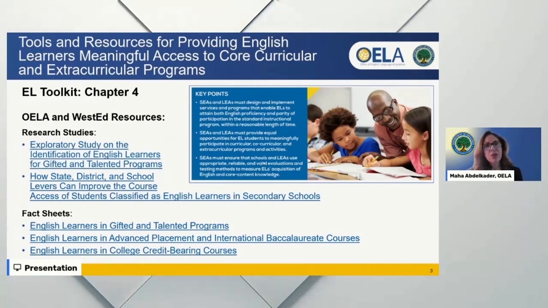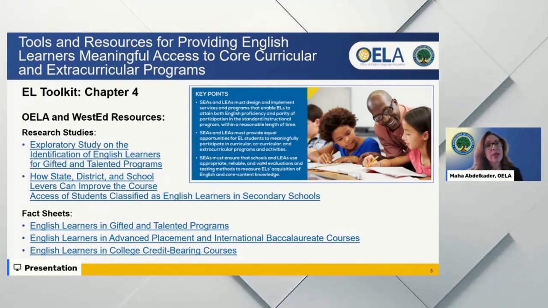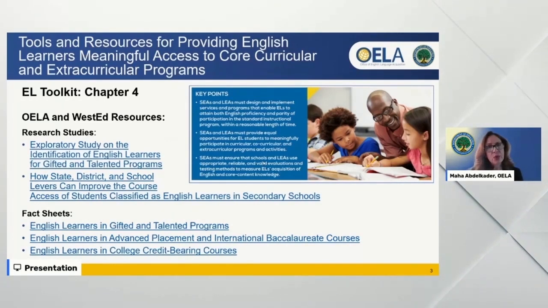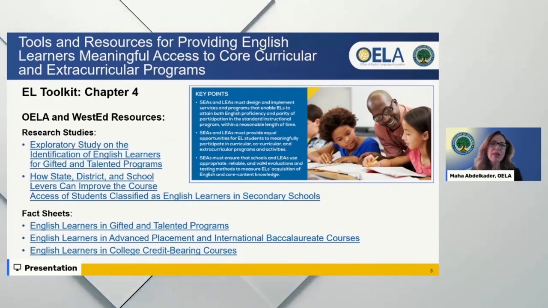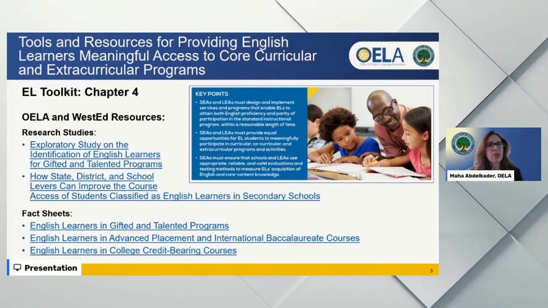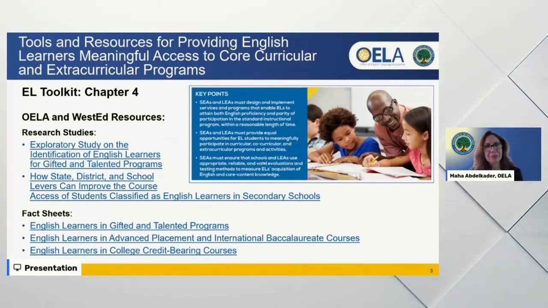Credits earned through dual enrollment courses and/or AP exams may reduce a student's post-secondary course load or shorten their time to earning a degree. Dual enrollment, dual credit programs provide opportunities for high school students to take college-level courses and earn concurrent credit toward a high school diploma and a college degree. Next slide, please.